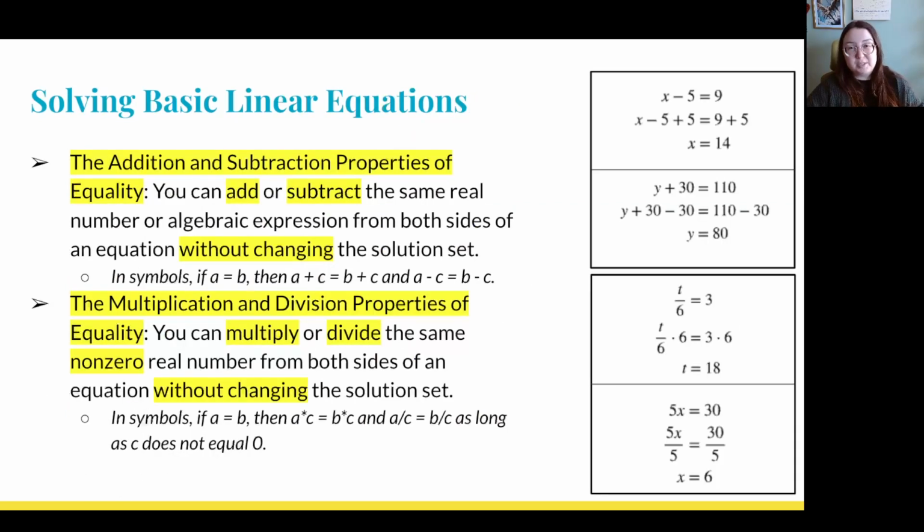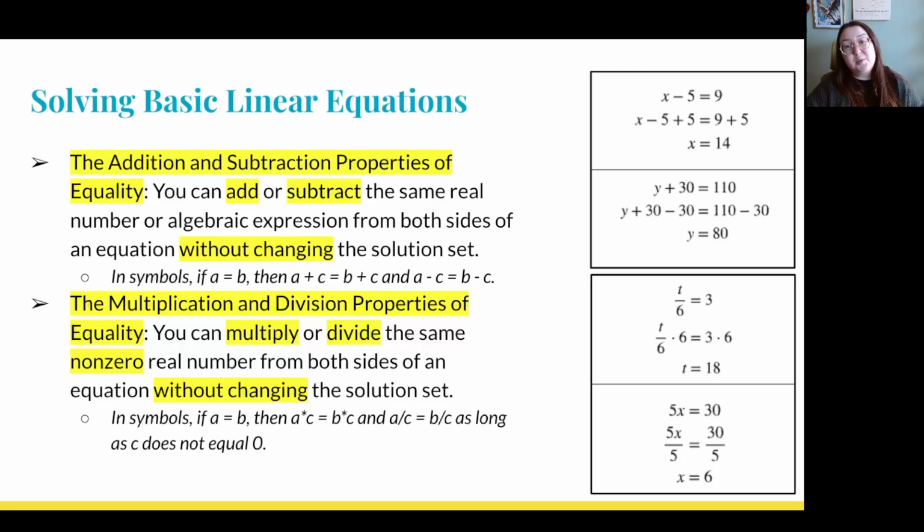Moving forward with solving basic linear equations, we have the addition and subtraction properties of equality. You can add or subtract the same real number or algebraic expression from both sides of your equation without changing the solution set. If you do that to both sides of your equation, it still stays equal.